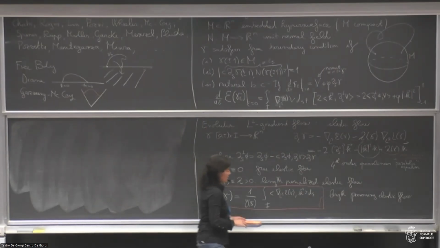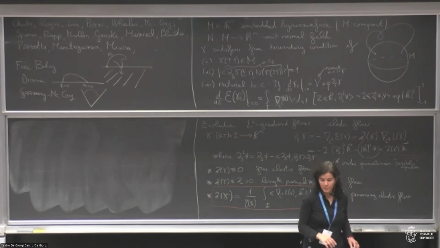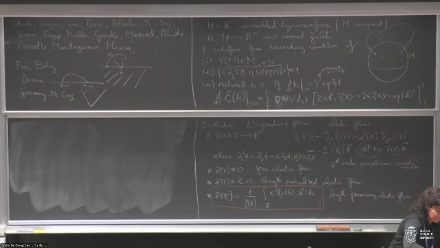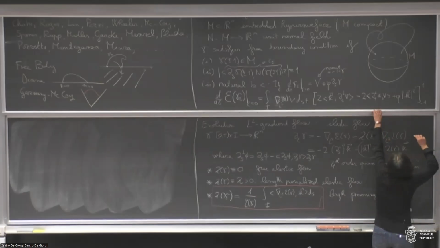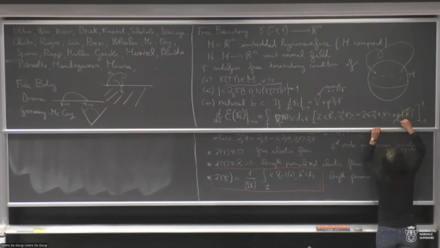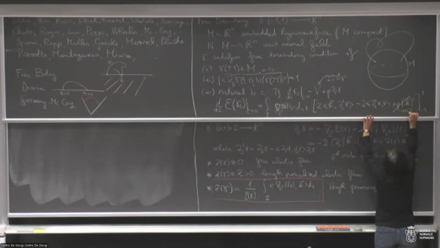So the first observation is that the term depending on phi is not there. Why is that?